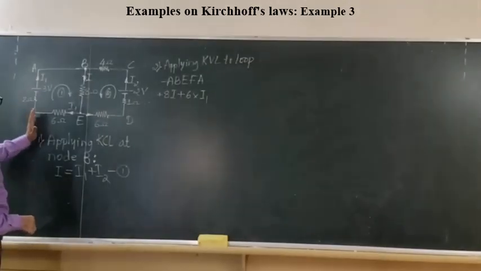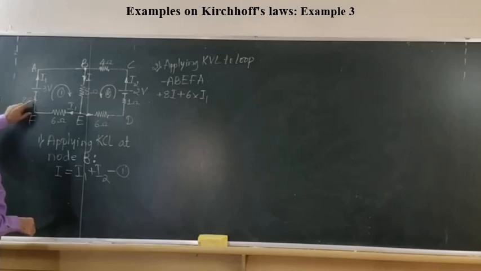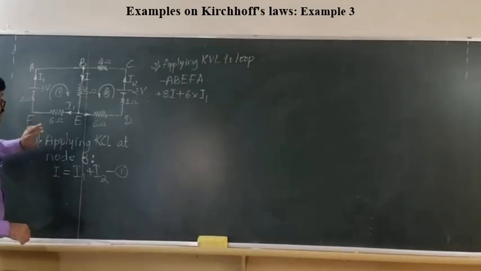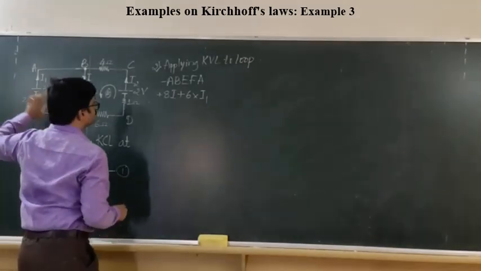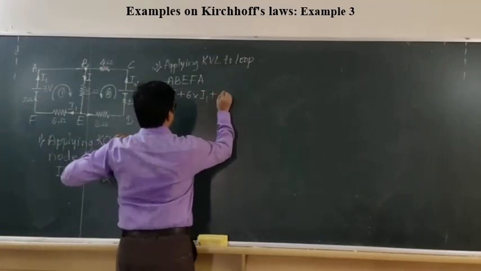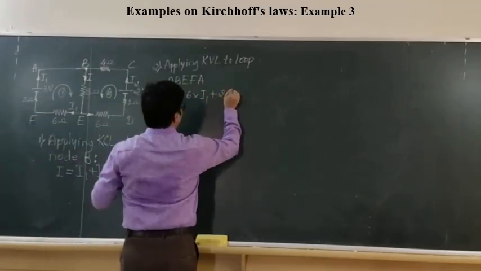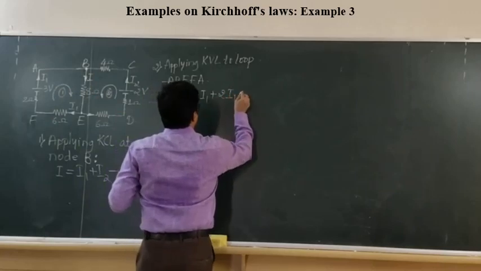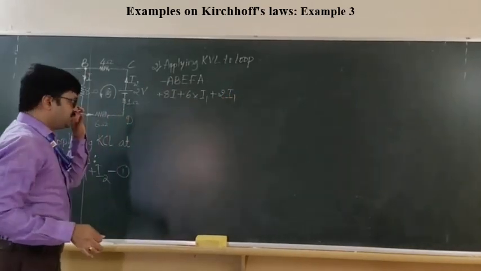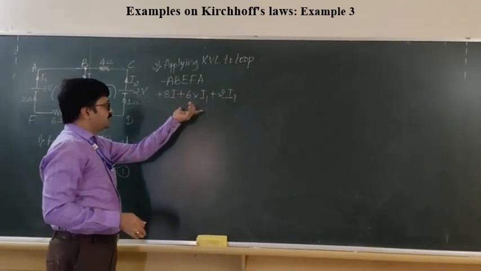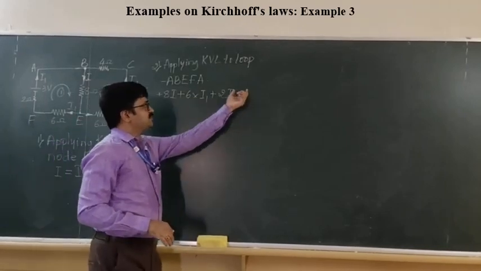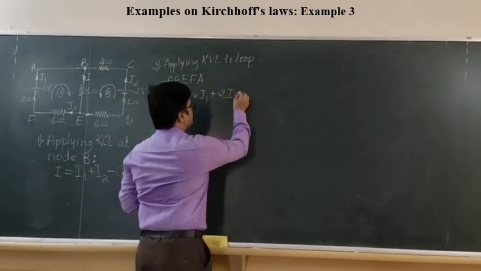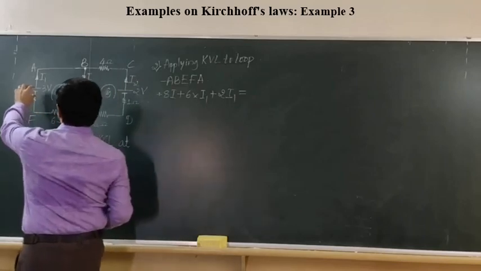The direction of traverse is F to A. What is the direction of current? F to A only. So that is why the PD across 2 ohm should again be positive, so plus 2 into I1. Okay. As I am mentioning in KVL, total potential difference is equal to total EMF. So this is equal to, what is the total EMF in this loop?